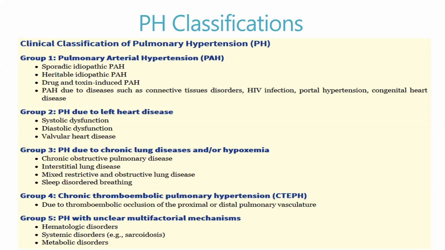Group 5 is a varied group. These conditions result from multiple pathophysiological issues. Hematological disorders, systemic disorders such as sarcoidosis, hardening of a particular organ, or metabolic disorders.